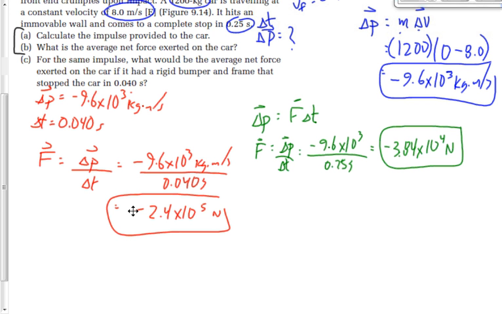When you come to a crashing stop into a concrete wall, it takes you just a moment to stop, just a brief second to stop. The longer it takes you to stop, the bigger the stopping time, the smaller the force. That's why we want to gradually stop instead of crashing into a concrete wall. The impulse will be the same, but the force won't be. And it's force that hurts you, not impulse.